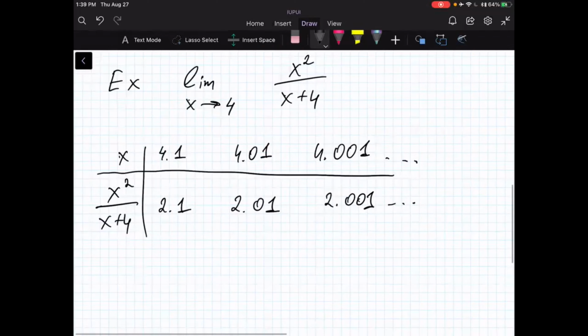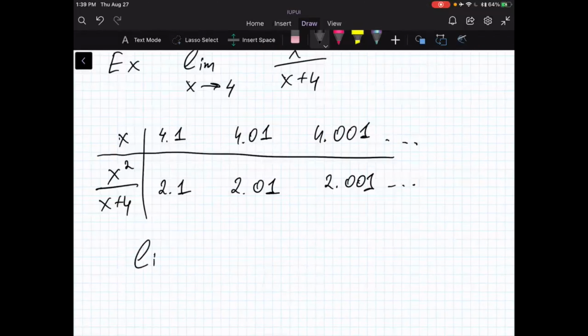So in that sense, we can say that the limit when x goes to 4 of our function x squared over x plus 4 should be equal to 2.